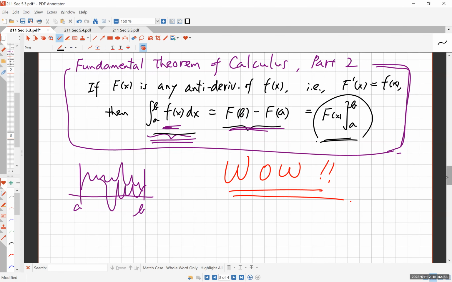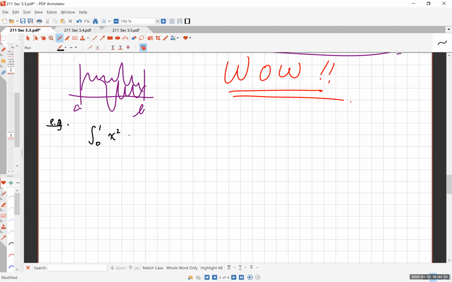Okay, let's do a bunch of examples here. What is the area under the curve x squared between 0 and 1? Now, we did this before. And remember, this was the surprise ending, right? The ending happens to be 1/3.